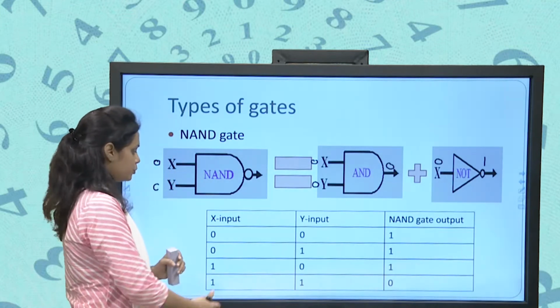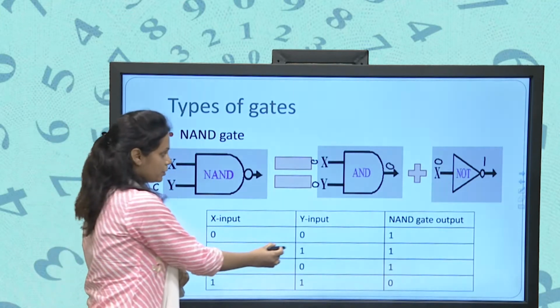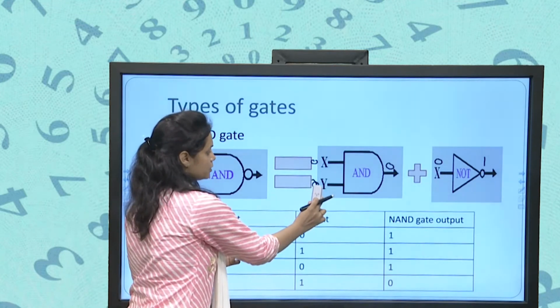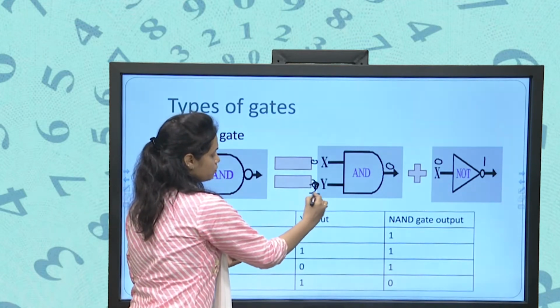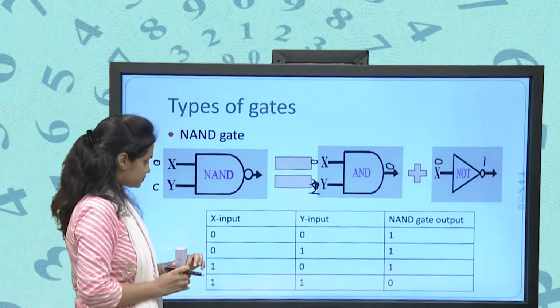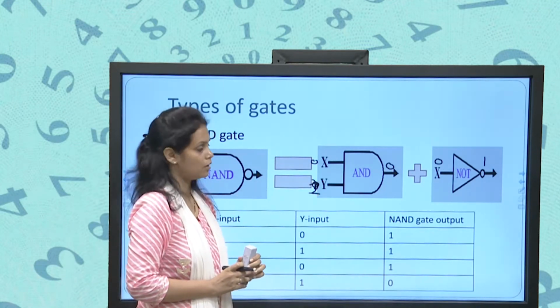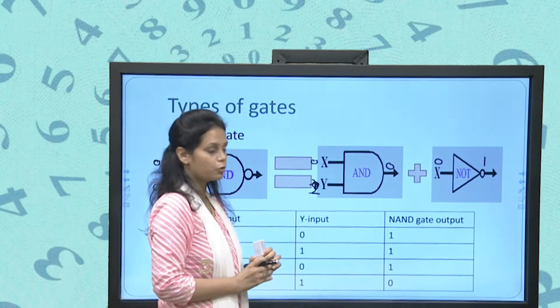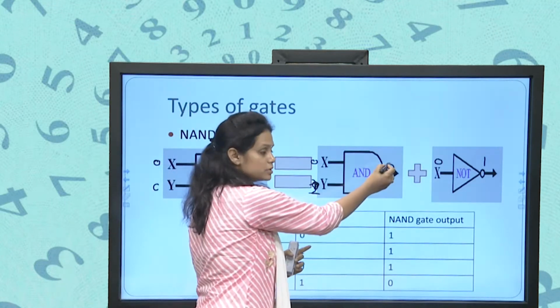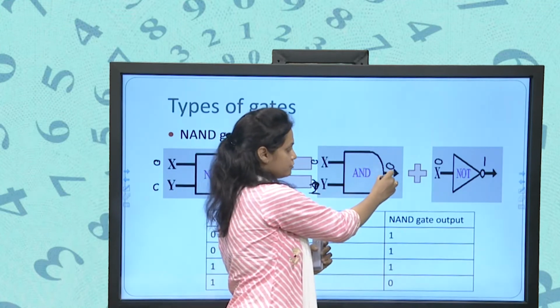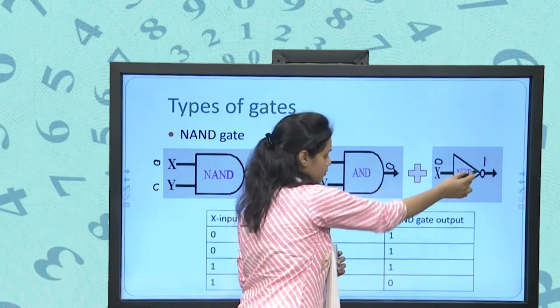Suppose our x input is 0, y input is 1. Fine. Now see, if your x input is 0 and y input is 1, what will happen? What is the output of the AND gate? It will again give 0. So this will pass to this NOT gate and it will give output 1.